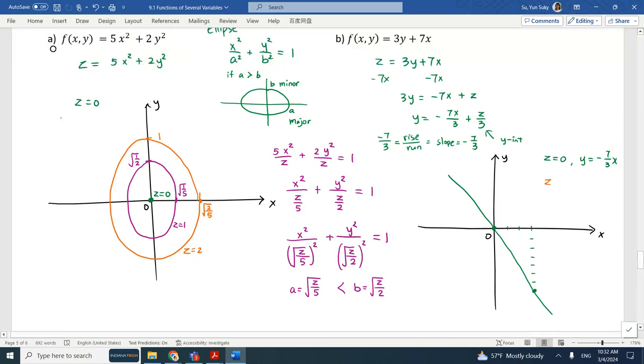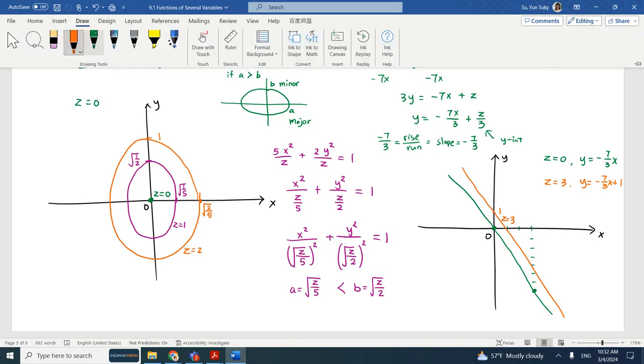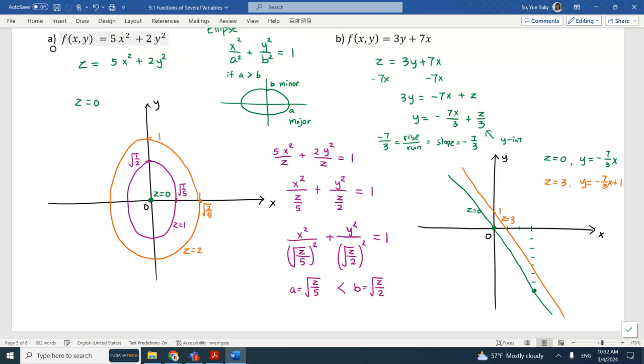So we pick z equals 3, and your y is negative 7 over 3x plus 1. So we get 1 here, and then like that. A lot of lines parallel to it. This corresponds to z is 3. And the green one was z equals 0. So different lines have different heights.